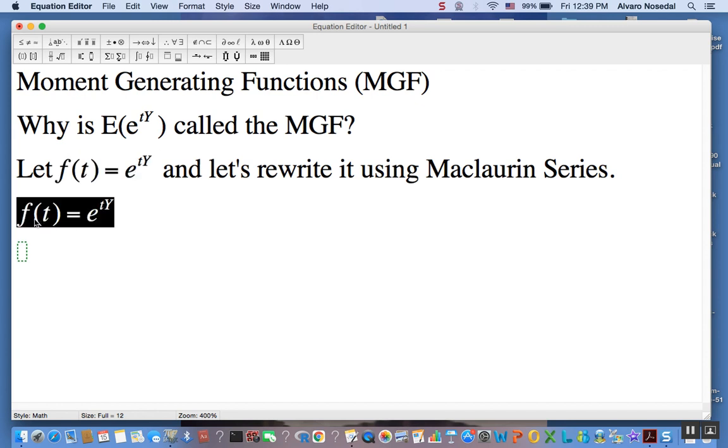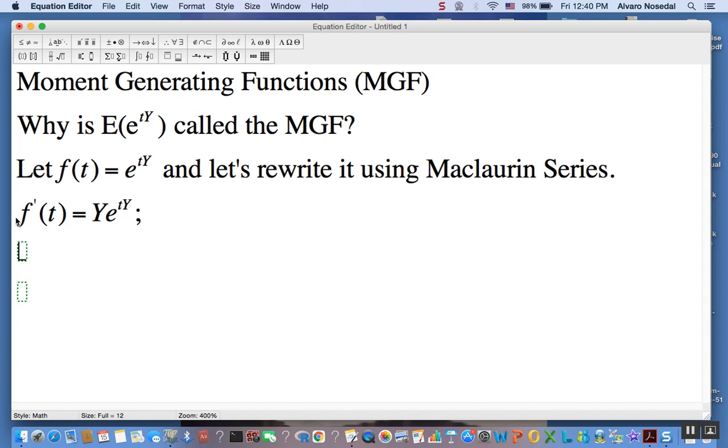Thinking about this as a function of t, f prime will be e to the ty times the derivative with respect to t of that exponent. That's just the chain rule, so it would be y. Makes sense?